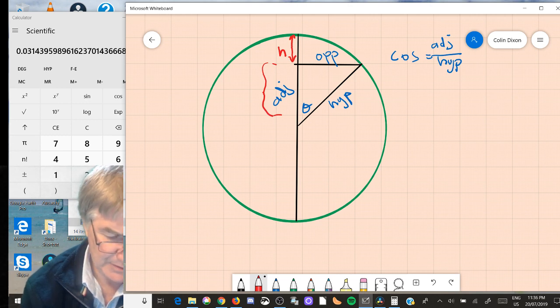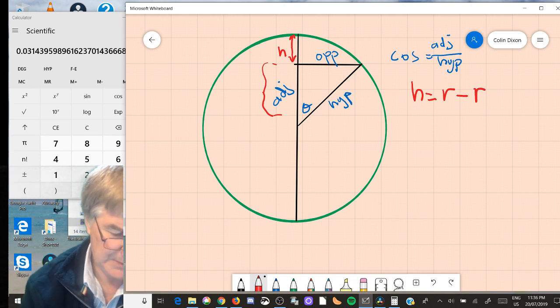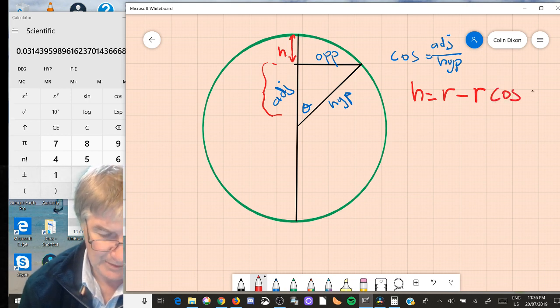So h will be equal to the radius of the circle minus the radius of the circle times this ratio, the adjacent over the hypotenuse, which is also called the cos of the angle.